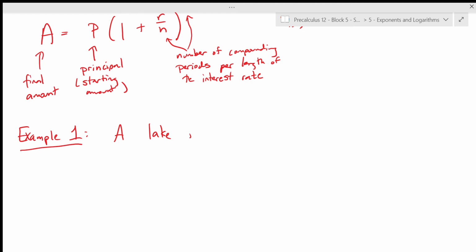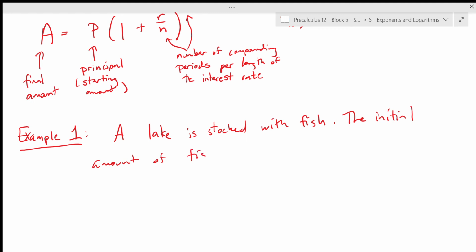A lake is stocked with fish. This happens so that people can actually go fishing. They'll put fish in the lake. The initial amount of fish is 10,000. So they started by stocking the lake with 10,000.